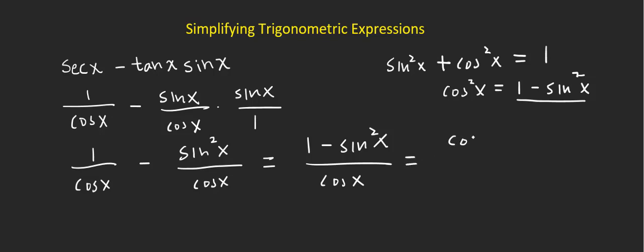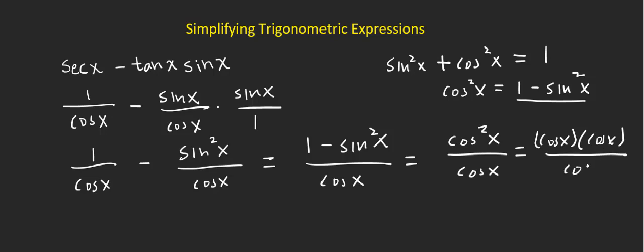So using substitution, we get cosine square x over cosine x. Now what is cosine square x again? The same thing as cosine x times cosine x, all over cosine x. You could cancel out the cosine x. As a result, you end up getting cosine x.